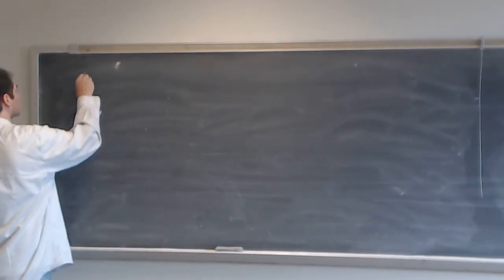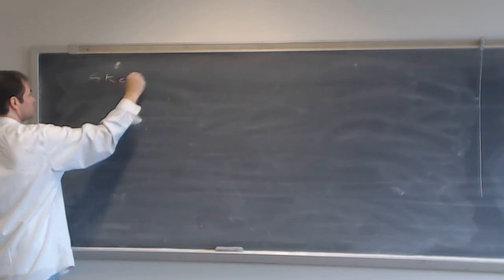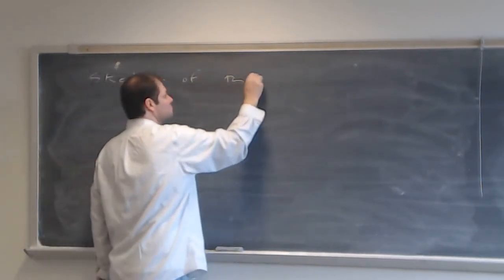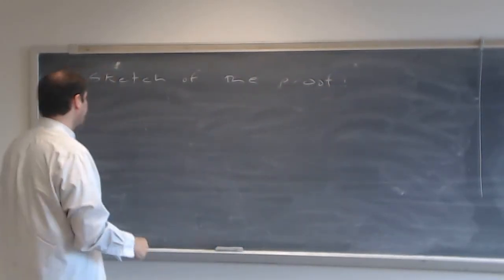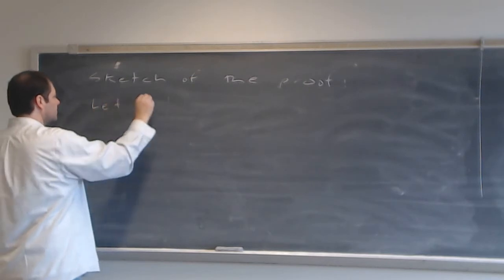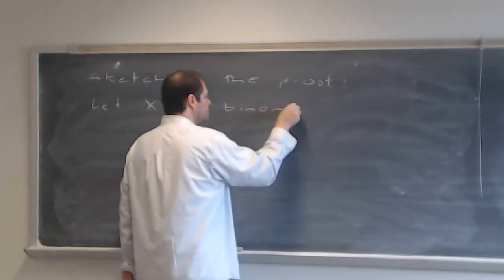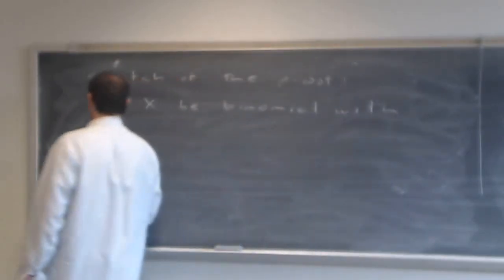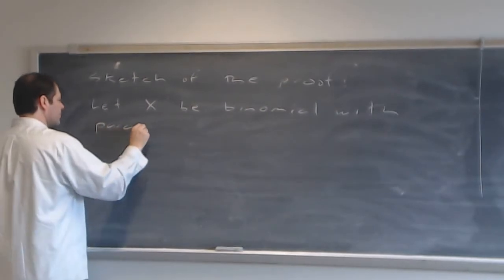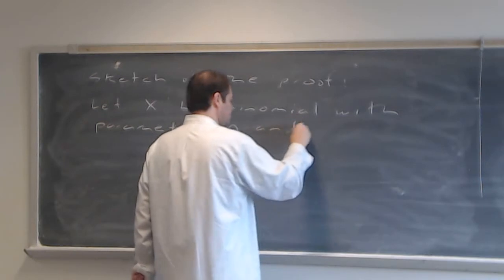So this is the sketch of proof, kind of idea. It doesn't have good details to it, but anyway, we're going to let x be binomial with parameters n and p.